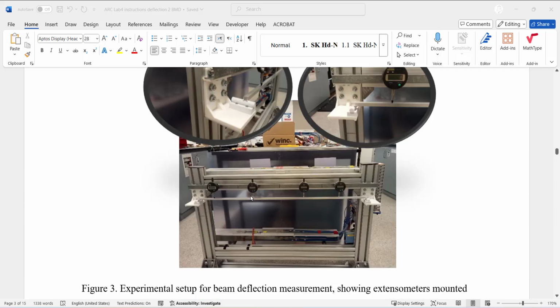So that is a photo from the setup. So we have a C-section beam which is simply supported on both sides, and 5 extensometers. Here only 4 are being shown.